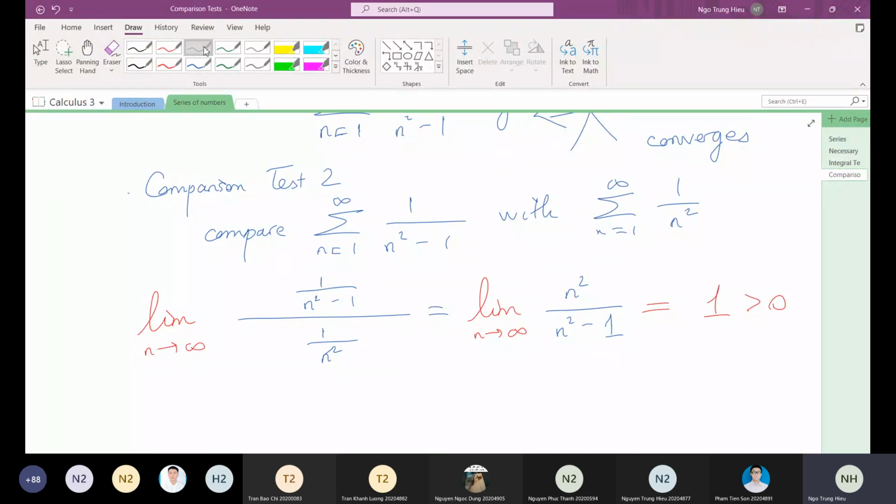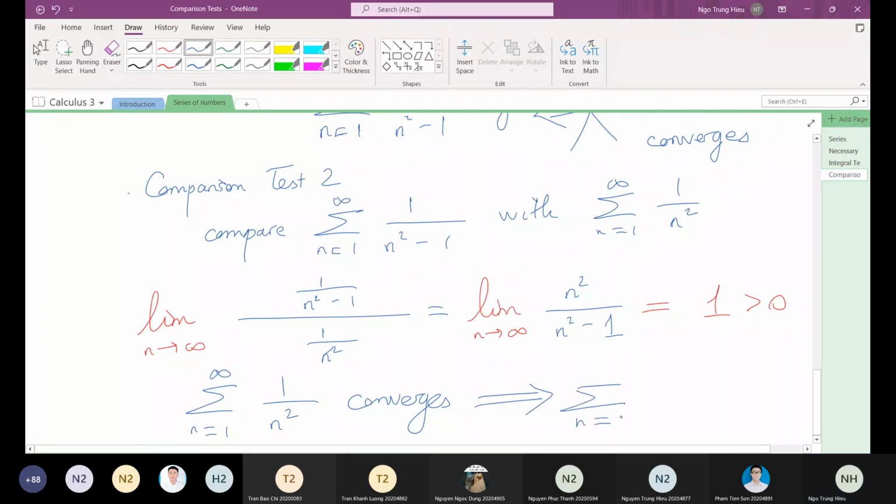However, we know that the p series, the sum of 1 over n squared, converges. Now by comparison test number 2, we can conclude that the original series converges. All right, so any questions?